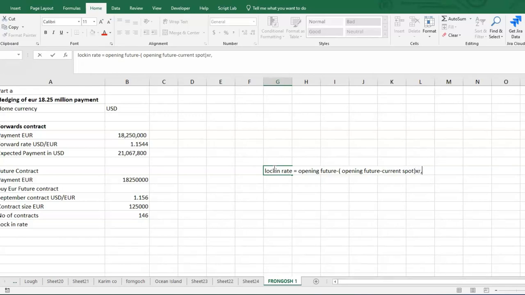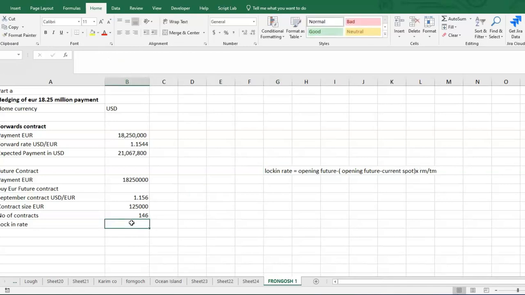Into remaining months divided by total months. So what is the opening future? 1.1560. Let me write the current spot as well.